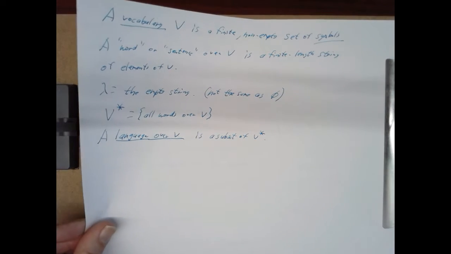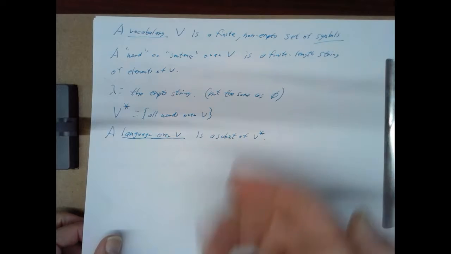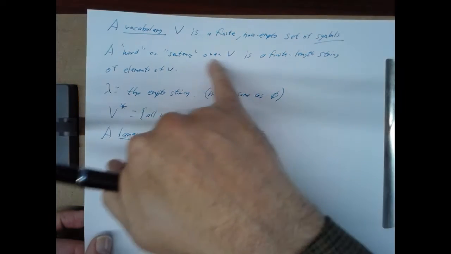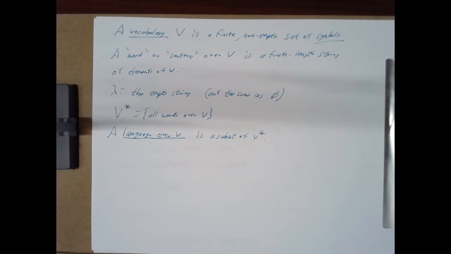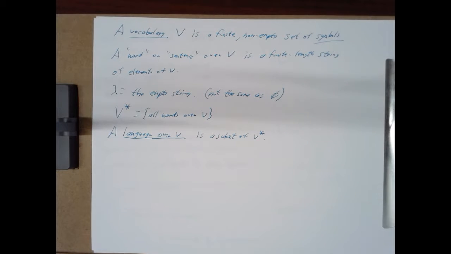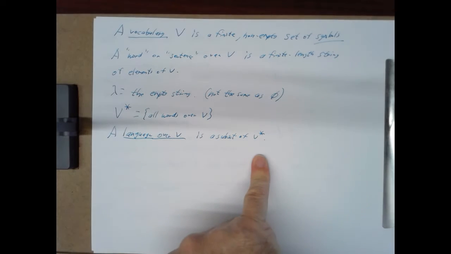So in the case of English, our vocabulary might be the set of all letters, and a word over that vocabulary would be a finite length string of letters, and V star would be all the possible combinations of letters that you can make as long as it's only a finite length collection. And then the language would be the particular subset of those strings that you find in the dictionary, right?